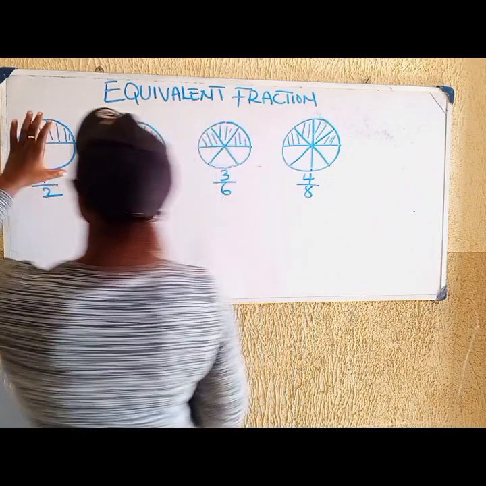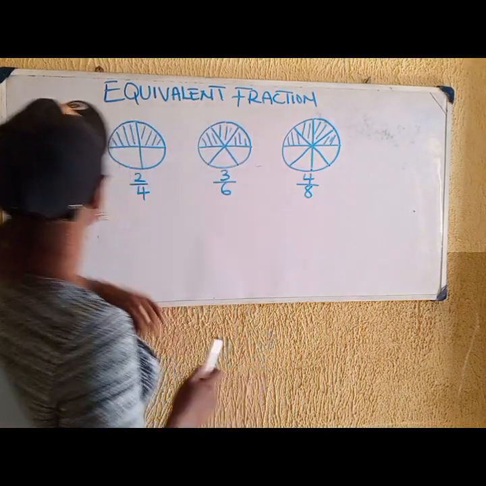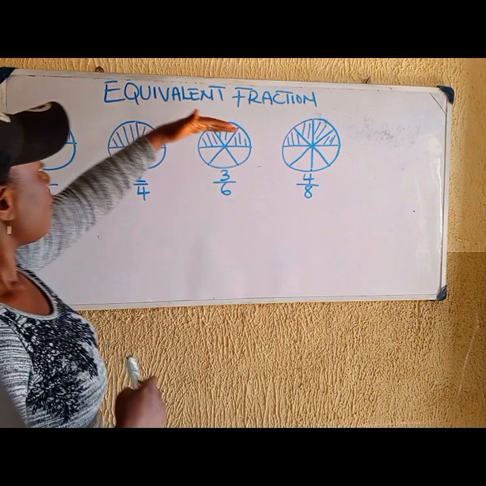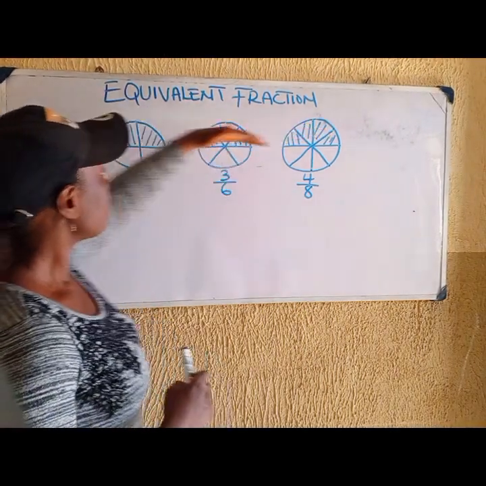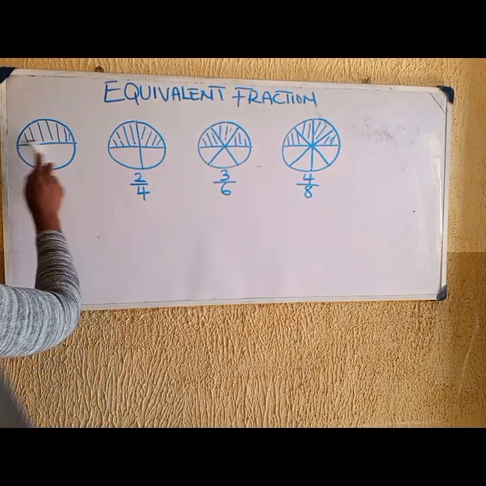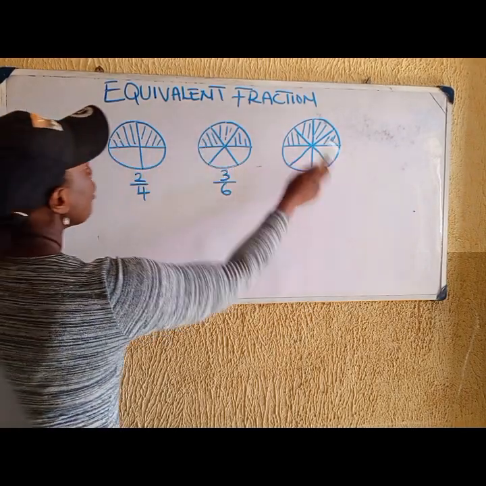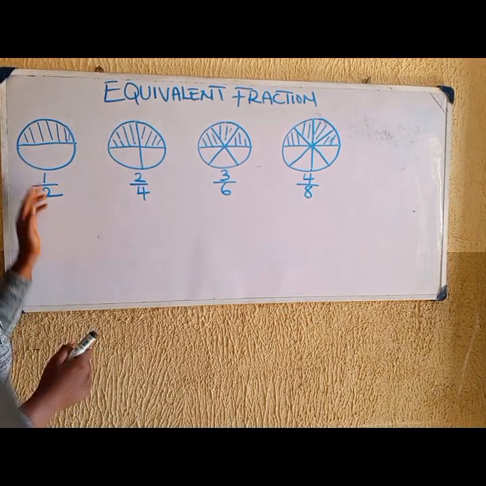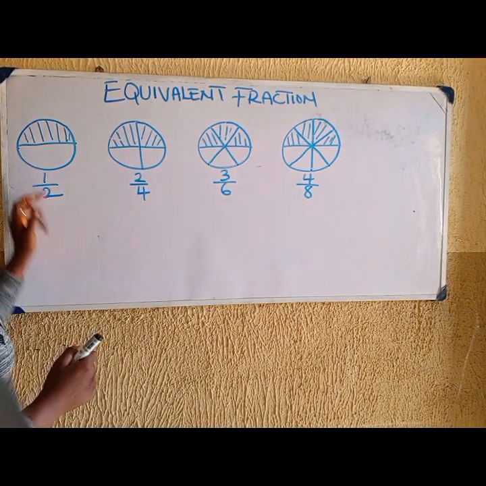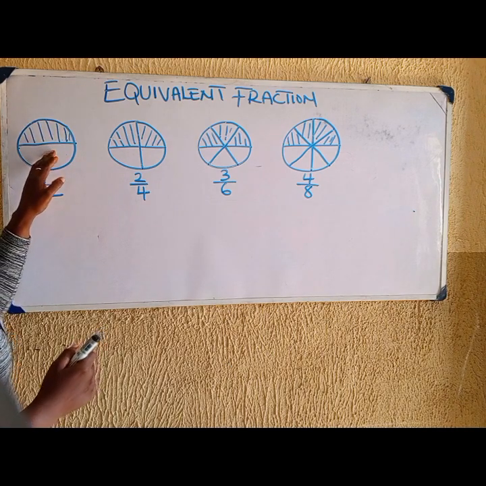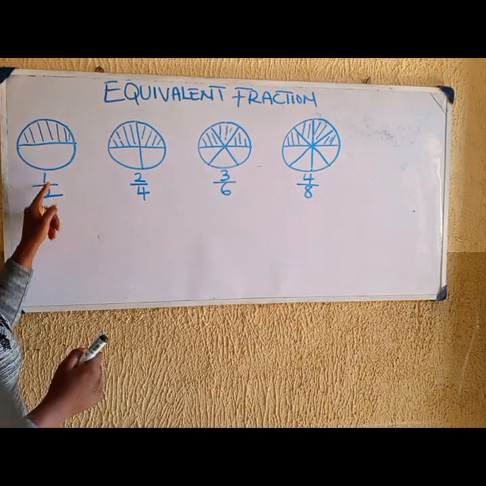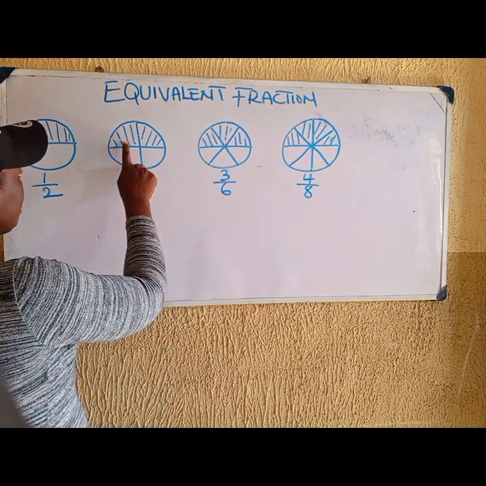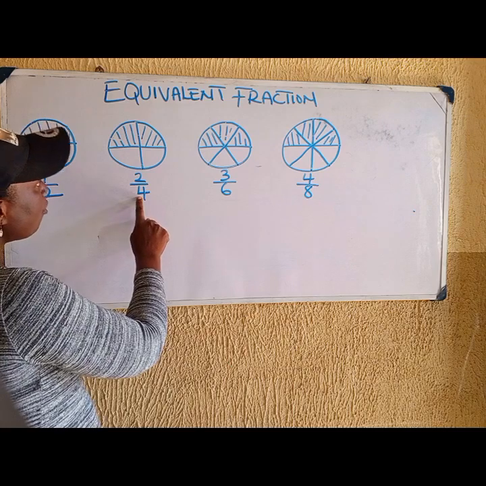Now, look at these shapes. When you look at it, you will see that the sectors, the semicircle, are equal. Now, the shaded part here is 1/2, because it is divided into two equal parts. This is divided into 4 equal parts, and the shaded part is 2/4.